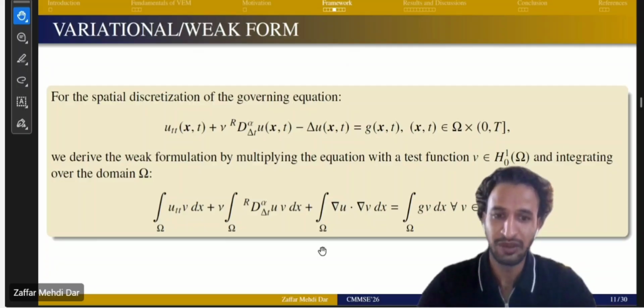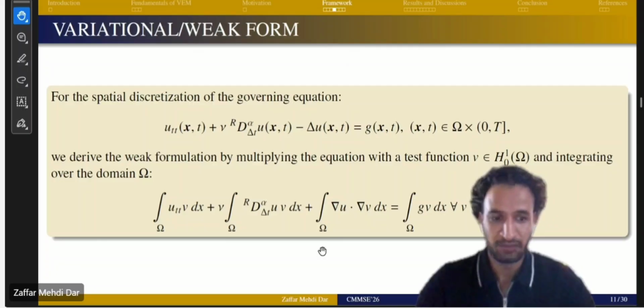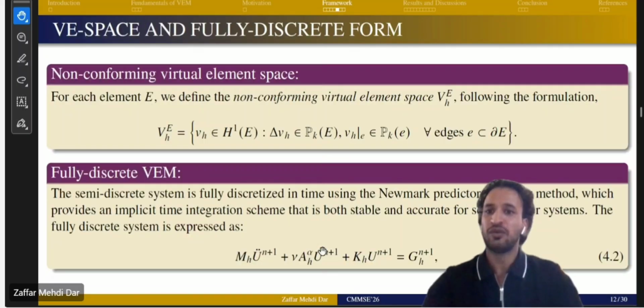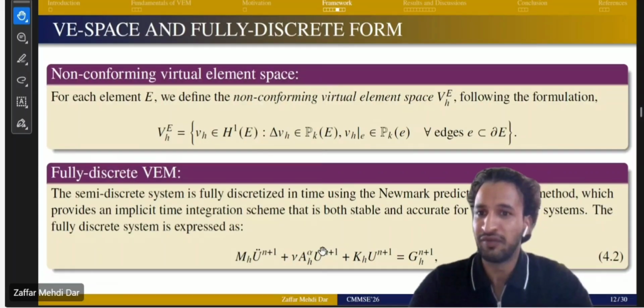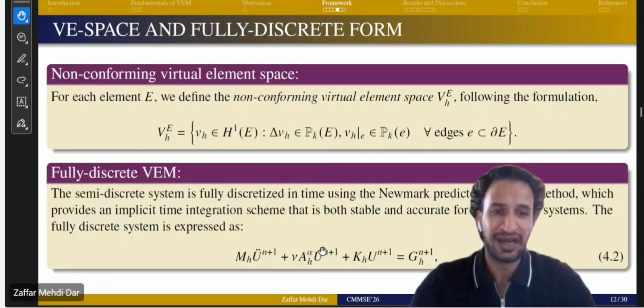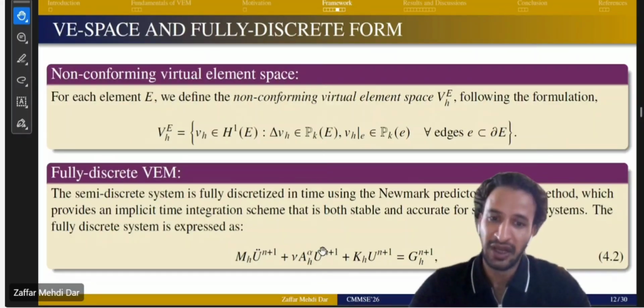Now by means of projection operators, by using an energy operator and the L2 operator, we are going to make these computable. And using the stabilization, we are going to have the consistency as well as the accuracy followed in these bilinear products. Now, as I said, we have two important aspects.